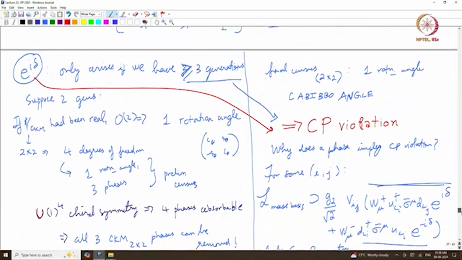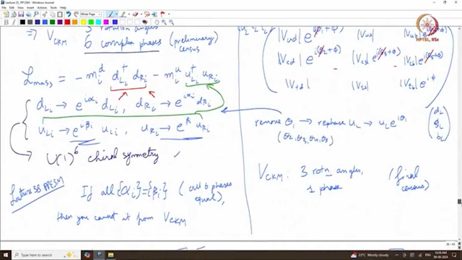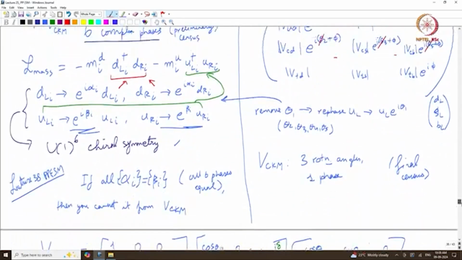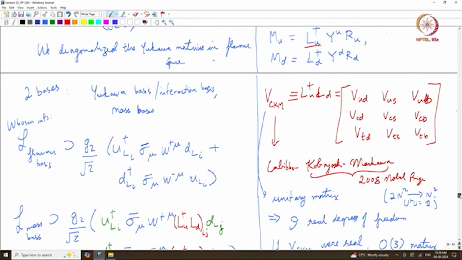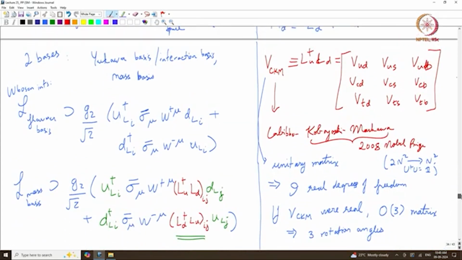So, where did we write down the CKM matrix the first time? Somewhere here. Okay, here we have it. See, when we went from the flavor basis to the mass basis, I rotated the ULs, that is why I wrote it in a different color, and then I had an LU dagger sitting outside, and then I rotated the down quark and I had an LD.